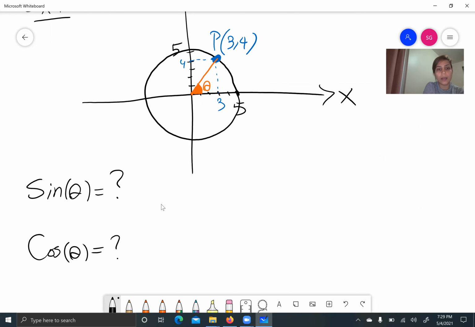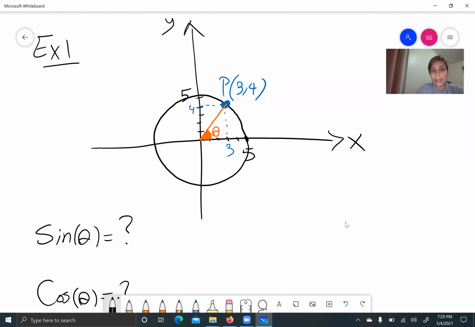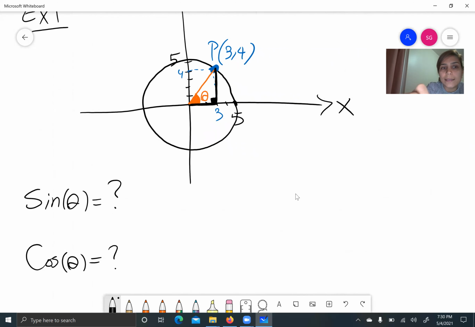So what are sine and cosine? Let's first draw that right triangle, because I told you every time you have an angle and you draw the circle, that creates a unique triangle. Look, this triangle is the right triangle. When you have this right triangle, sine is defined, you can go back to the definition, as the opposite over hypotenuse, y over r, so this is y, r, and x.